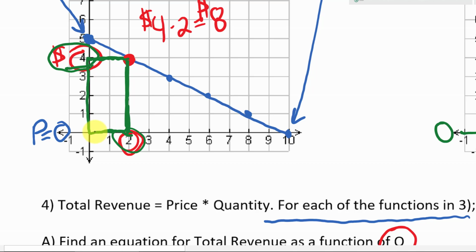You can think about this a couple of different ways. Why is it that it's a rectangle? Well, first, total revenue is price times quantity. And the area of a rectangle is base times height, or length times width. And that's going to be 2 times 4, quantity times price, or price times quantity. Another way to think about this is what we're seeing here on the graph is I'm selling 2 units for $4 each.